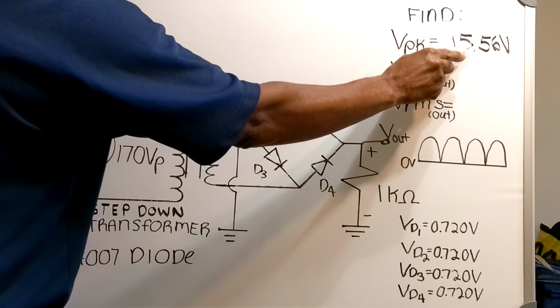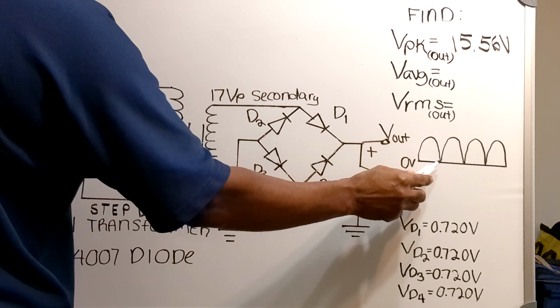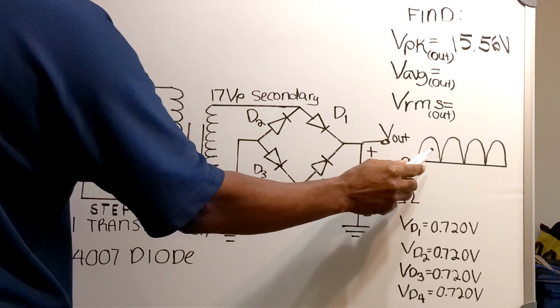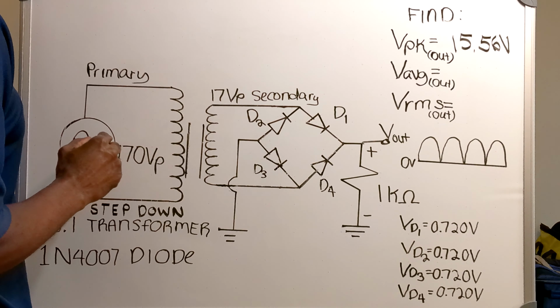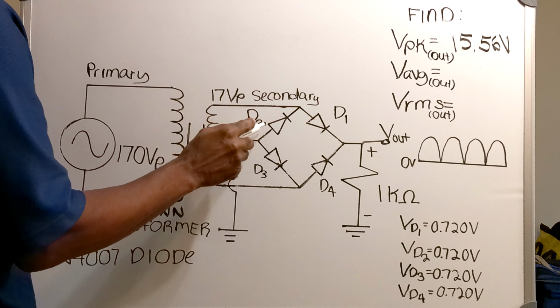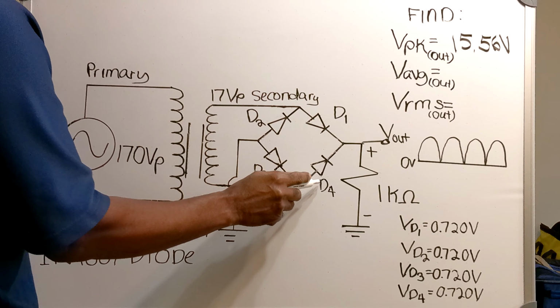Now this voltage will be for the first half cycle. On the negative half cycle, the diodes D2 and D4 will conduct.